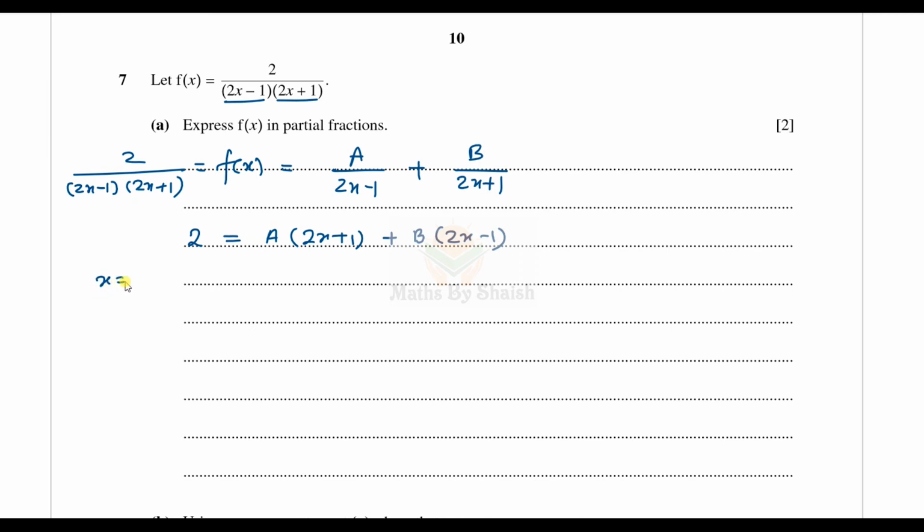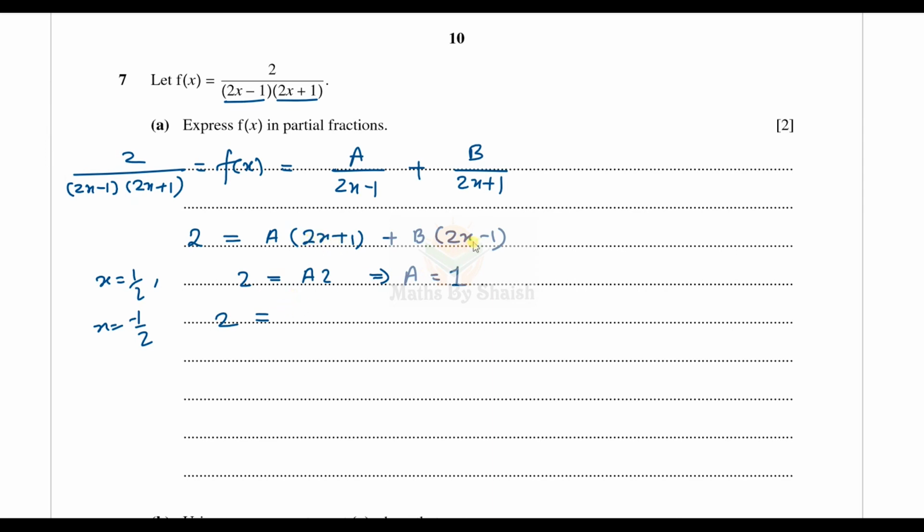So let's put x equal to 1 by 2, then this will be gone. So we get A times 2, so A is equal to 1. And put x equal to minus 1 by 2, we'll get 2 is equal to, this is gone now because 2 times minus 1 by 2 is minus 1, plus 1 is 0.